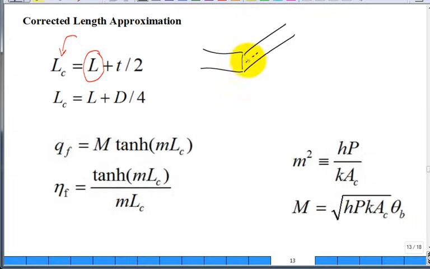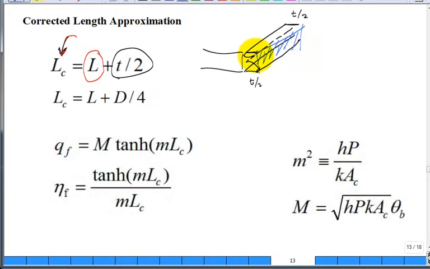We'll cut this in half and flip this side up, and that would be going out an additional t over 2 on the top. Flip that side down, that would be going out an additional t over 2 on the bottom. So use a corrected length in the equations, which for a rectangular fin extends the physical length by t over 2. Did that make sense? And now treat that new end as truly being insulated.